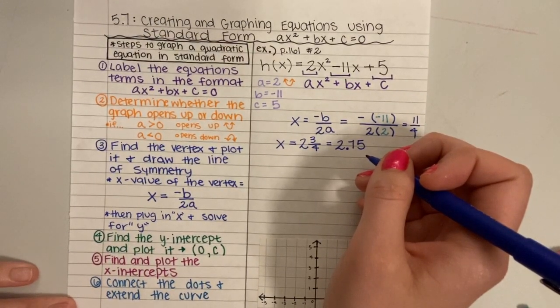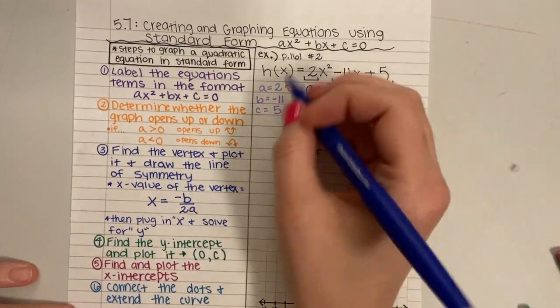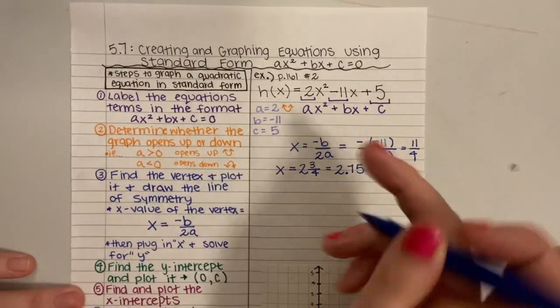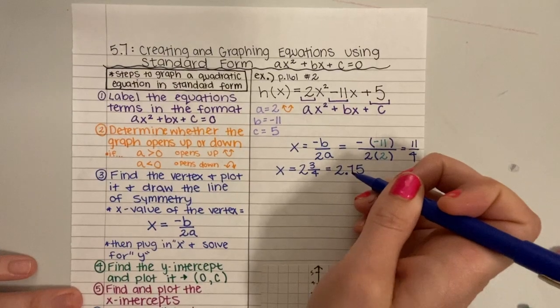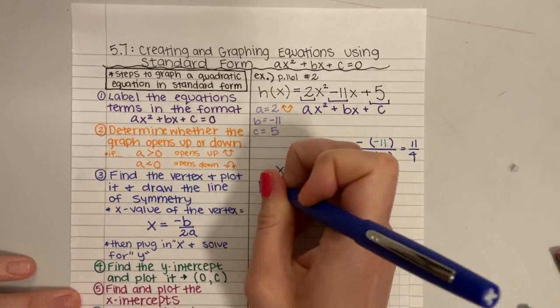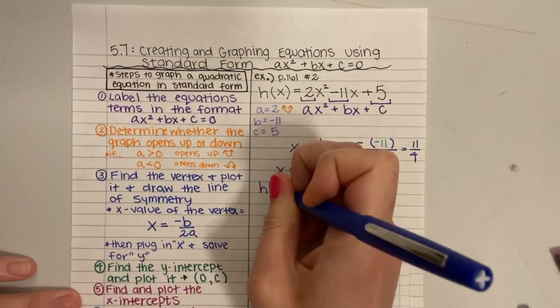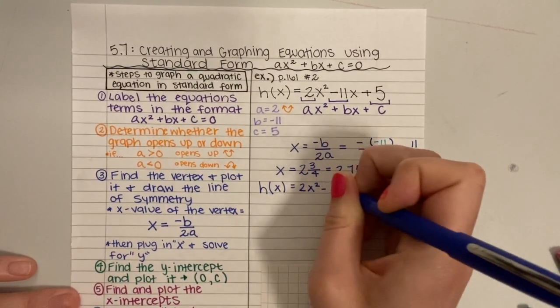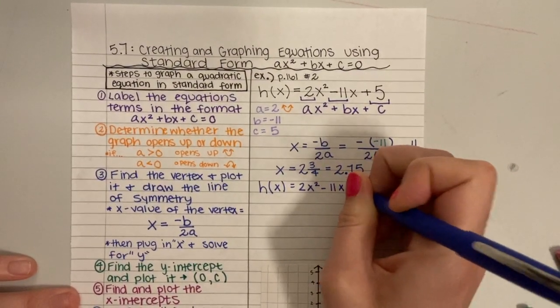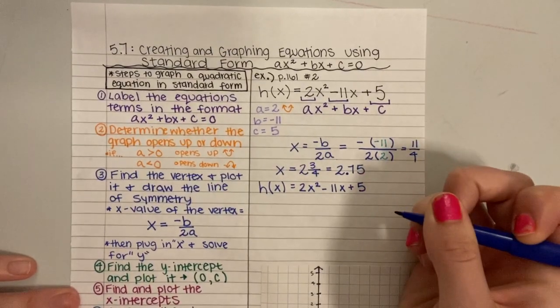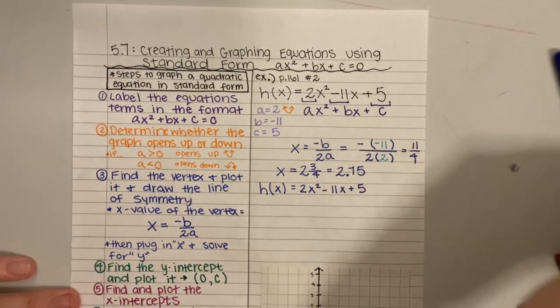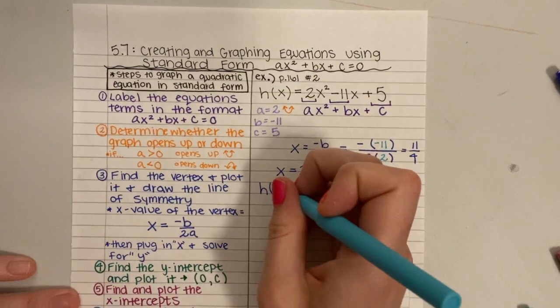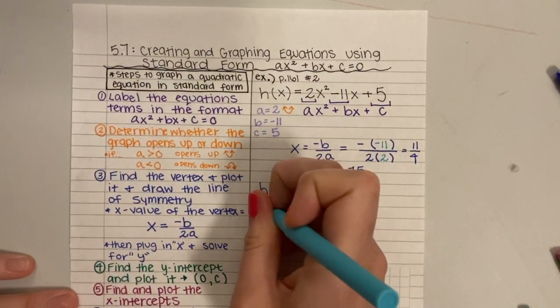In order to find the y value, I need to go back up to my original equation and plug in for x. My original equation is h of x equals 2x squared minus 11x plus 5. So what I'm going to do is replace all of my x's with 2.75.